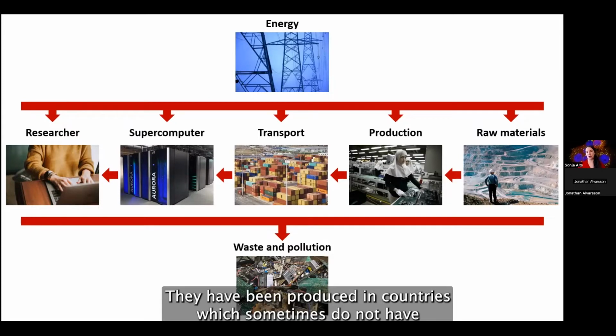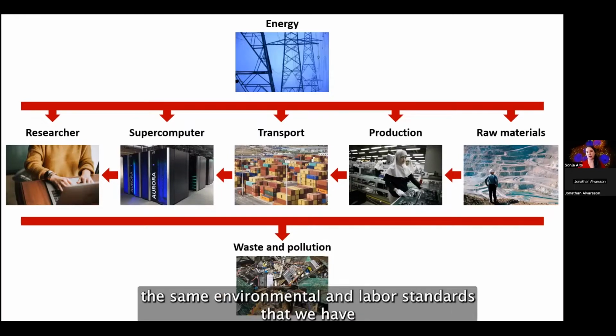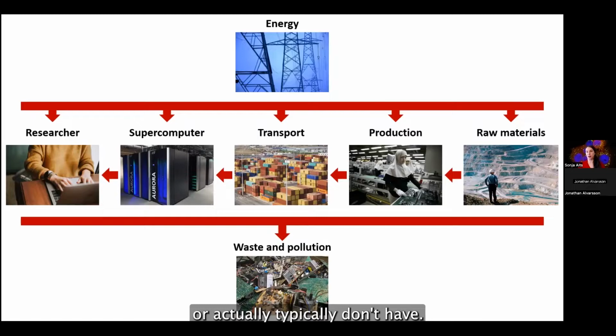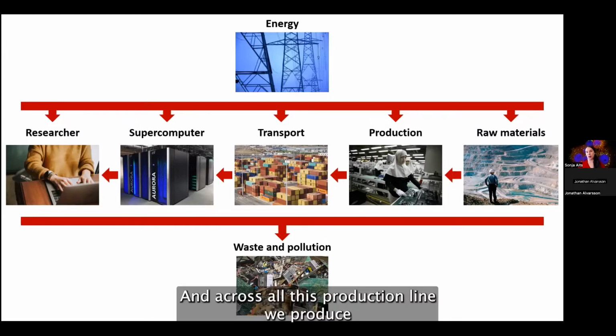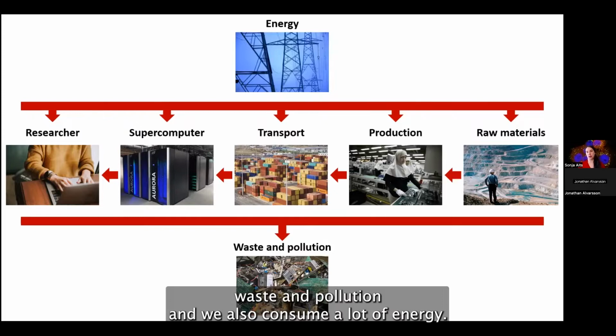They have been produced in countries which sometimes do not have the same environmental and labor standards that we have, or actually typically don't have. And also we have sourced raw materials, which in themselves can be environmentally problematic. And across all this production line, we produce waste and pollution, and we also consume a lot of energy.